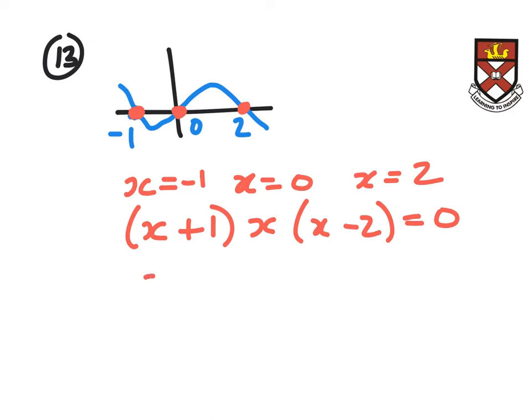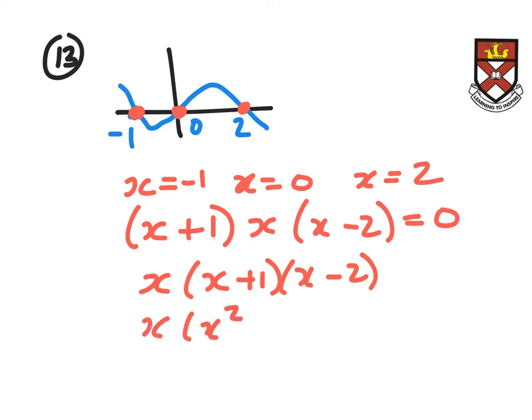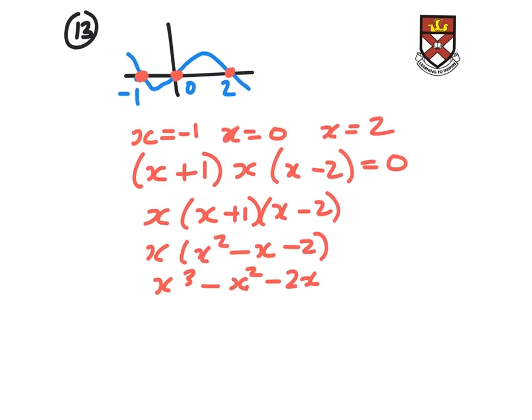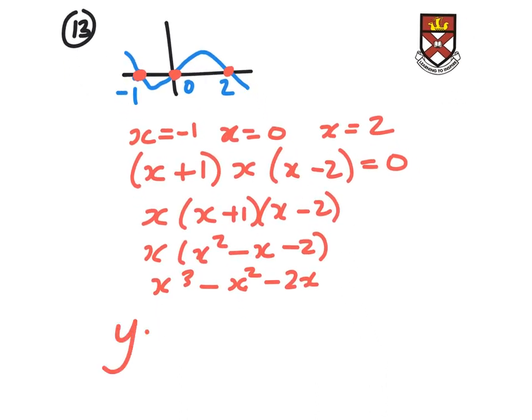Okay, so if I rewrite that as x bracket x add 1 times x take away 2, that gives me x times x squared minus x minus 2, x cubed minus x squared minus 2x. Okay, so the equation of the cubic is y equals x cubed minus x squared minus 2x.